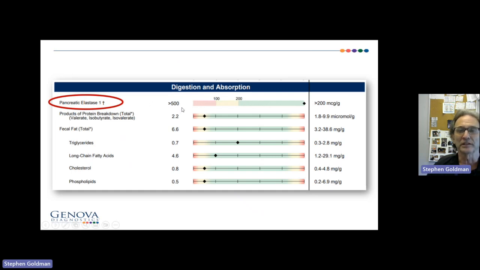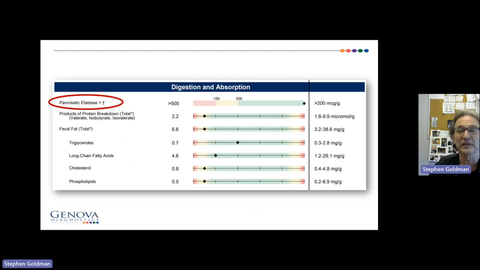Pancreatic elastase 1 is a very good indicator of pancreatic enzyme secretion. 100 or less, a high need. 200, lower to 100, yellow, moderate need. Greater than 200, you're in the green, and that's a good thing. I tend to think 400 or greater is really where I want to be. This greater than 500 is the highest score, so that's a great finding for pancreatic enzyme secretion.